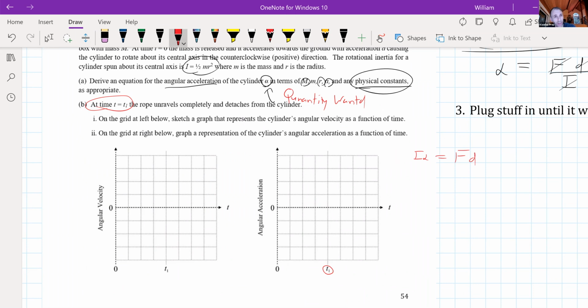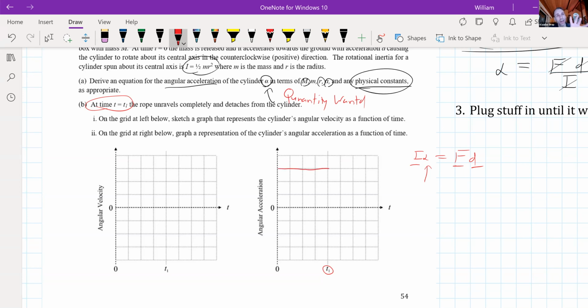So as we did earlier with our derivation, well, this is constant, this is constant, this is constant, and therefore this must be constant too. That might be physically intuitive, but I also wanted to show that it can be equatively intuitive. I don't believe that's a word. So because these are all constant, that means alpha must be constant. So alpha is constant until T1.